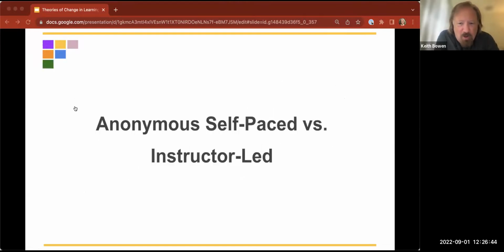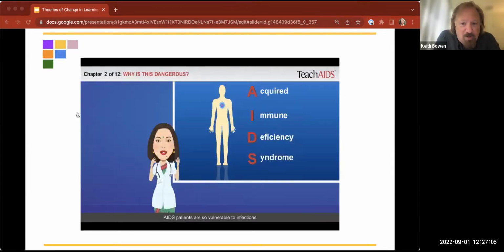For example, they learned that anonymous self-paced learning modules work better than instructor-led courses. Why was this? It reduced embarrassment and stigma for both teachers and learners. So they started to conceptualize their product as a series of self-paced online learning modules.